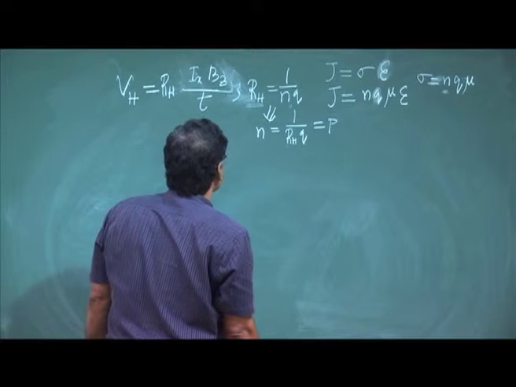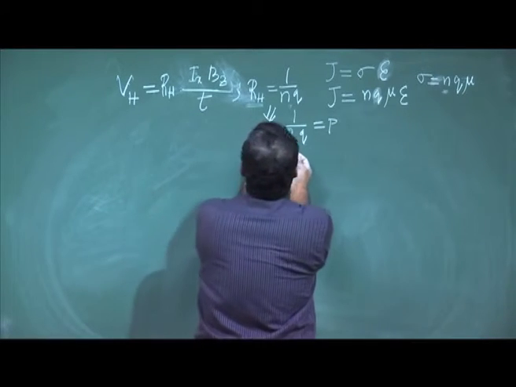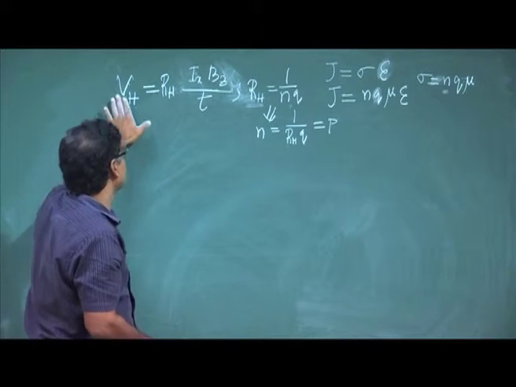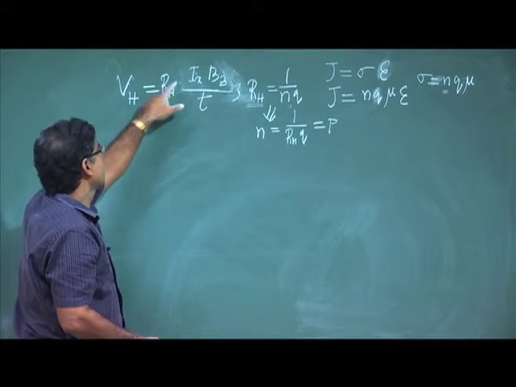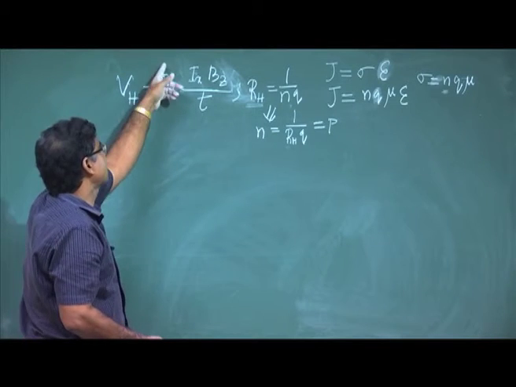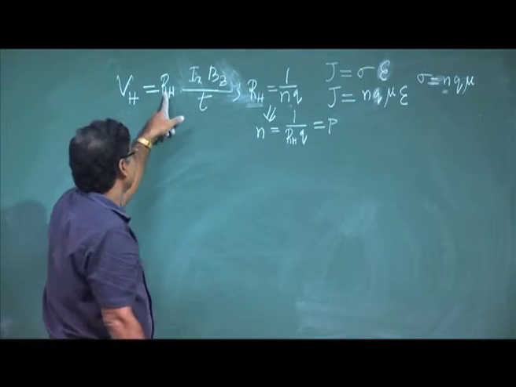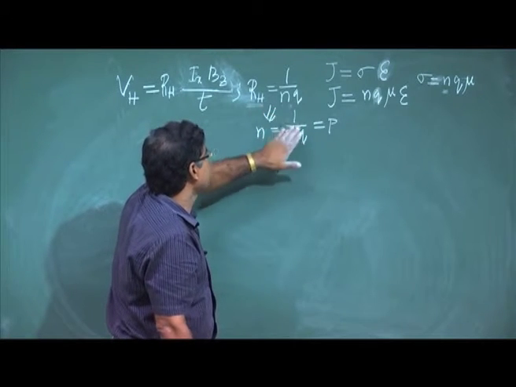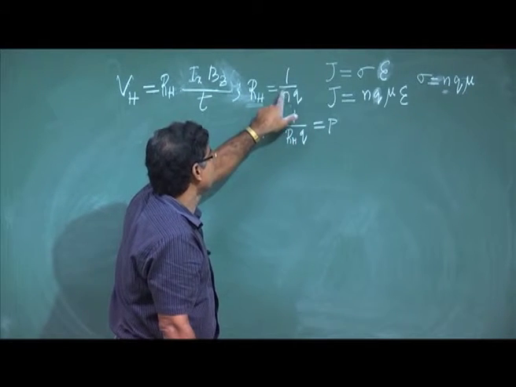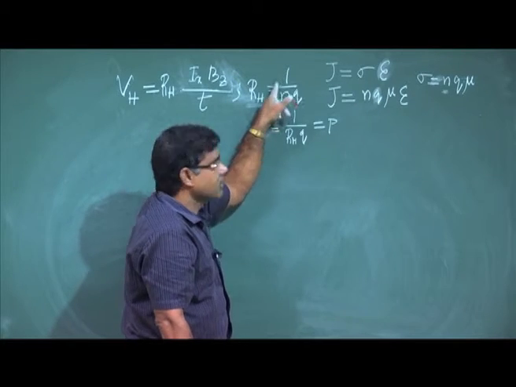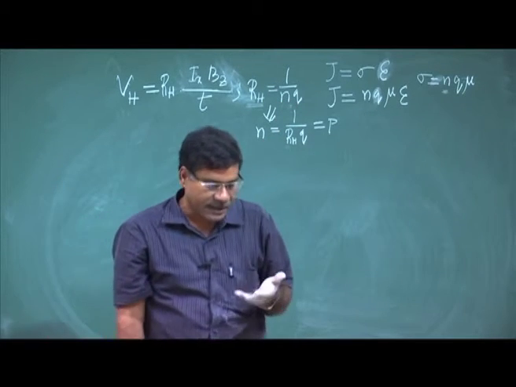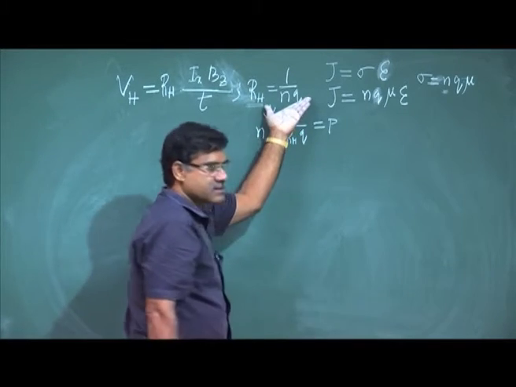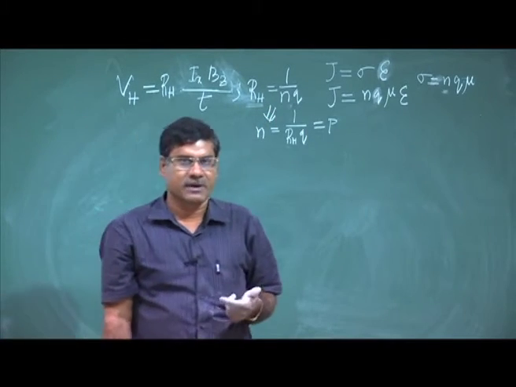And then from the sign of this RH, from the sign of the Hall voltage, I can take the sign of the RH, and from there I can tell whether Q is electron, minus E, or it is plus E. Okay.